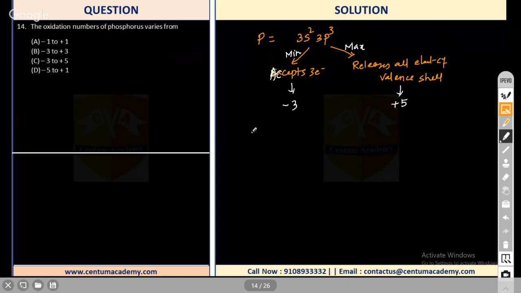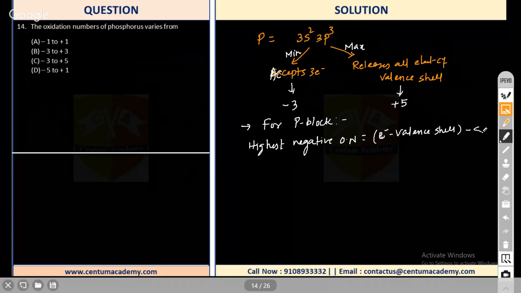For p block elements, the highest negative oxidation number is equal to the number of electrons in the valence shell minus 8.